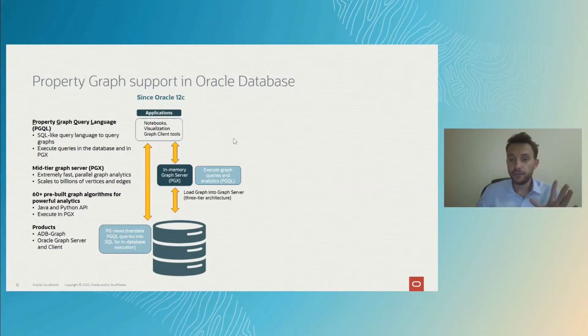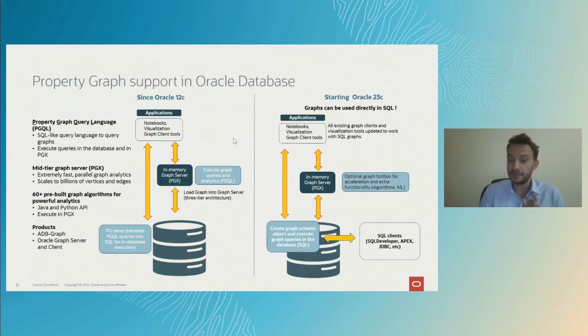Now, let's see what is new starting Oracle 23c. Starting Oracle 23c, graphs will be available in SQL. That's the big novelty. So users will be able to create a graph schema object and execute graph queries on it directly in SQL.